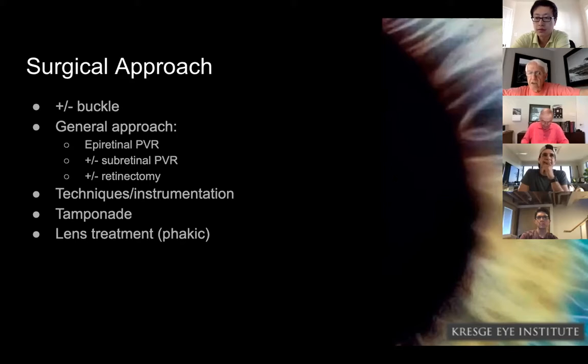It shouldn't be to save the lens. And now with the techniques that we're currently using, that CC has become a true expert at, you can later go back in, and if you get a good visual result, suture in a PCIOL, scleral fixate it like CC does.